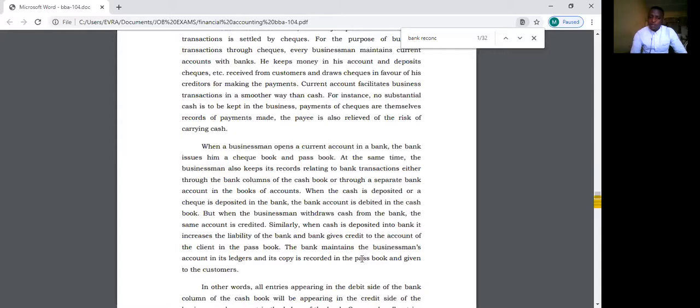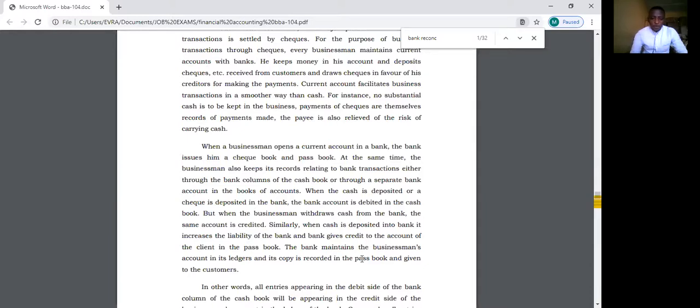Do you understand? Similarly, when cash is deposited into the bank, it increases the liability of the bank, and the bank gives a credit to the account of the client in the passbook. The bank maintains the businessman's account in its ledger, and copies its records into the passbook and gives it to the customer.